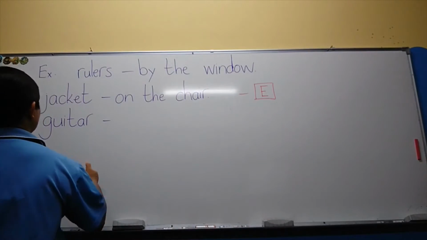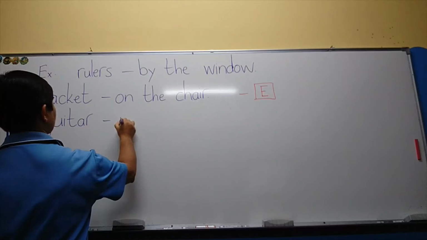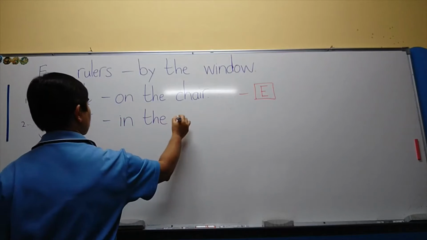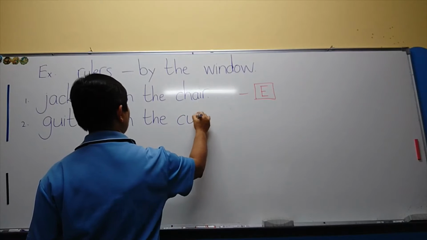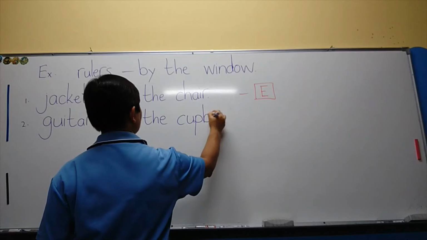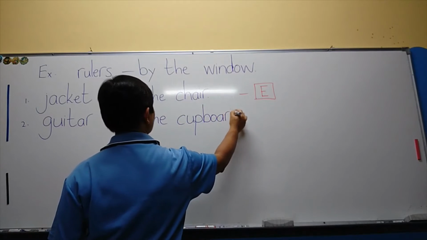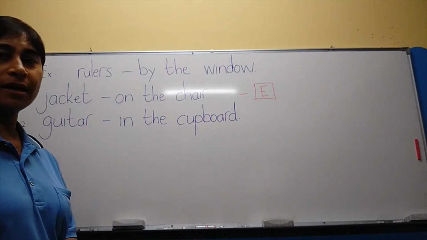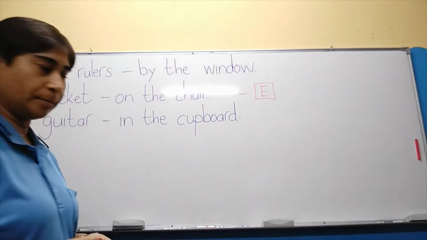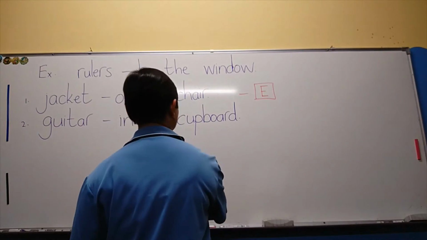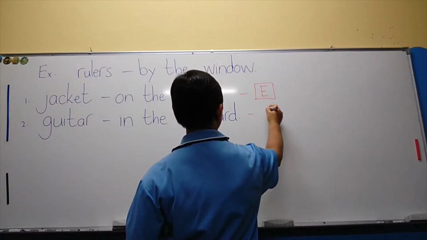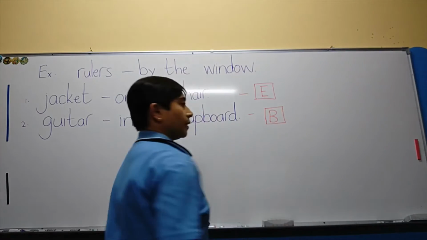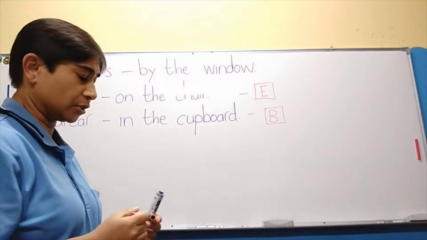Okay, put it in the cupboard. What's the answer for cupboard? B. So where you have your square, write capital B. Gotcha.